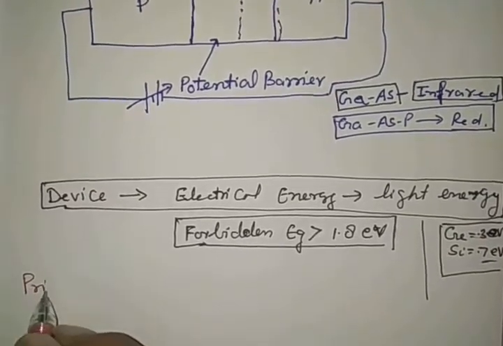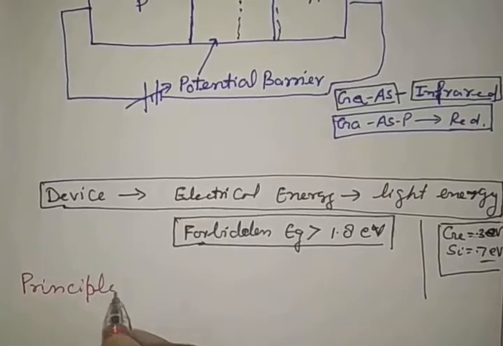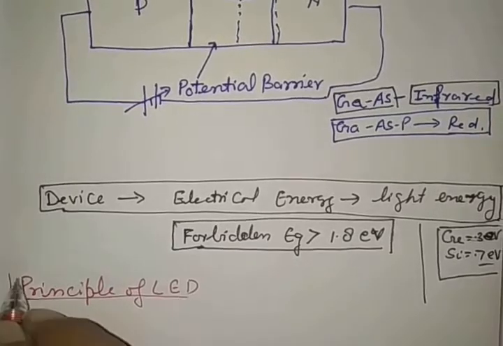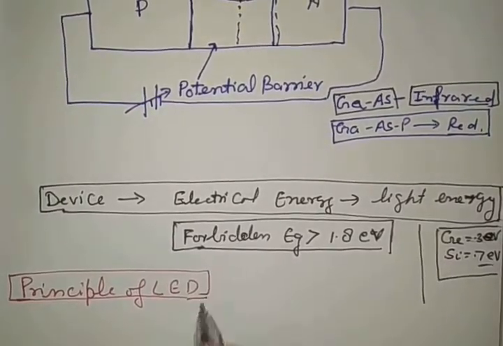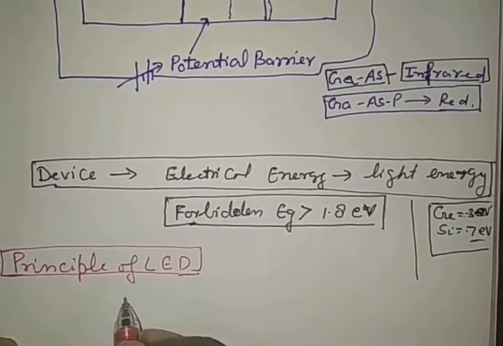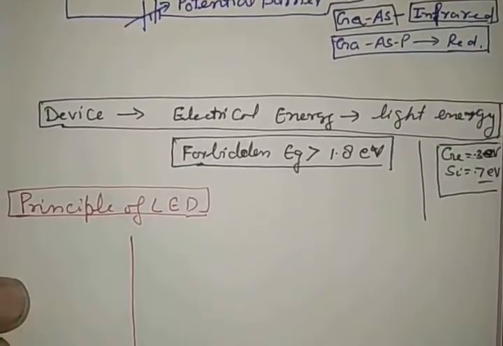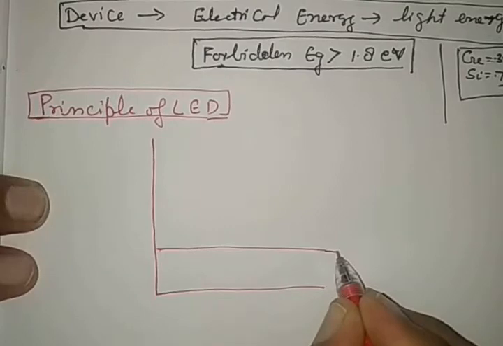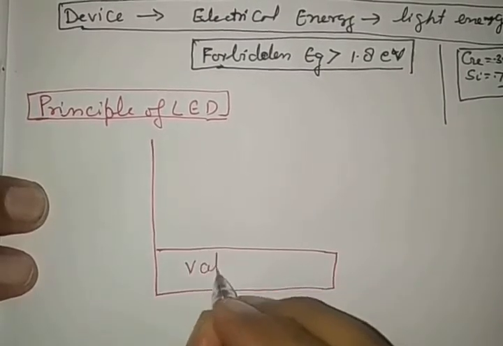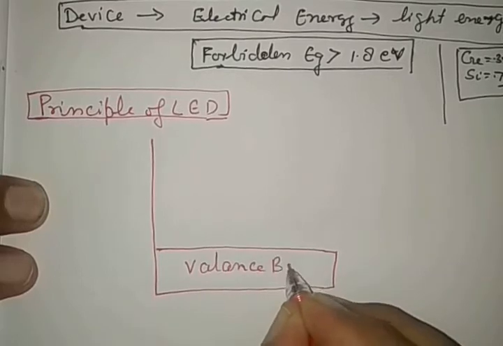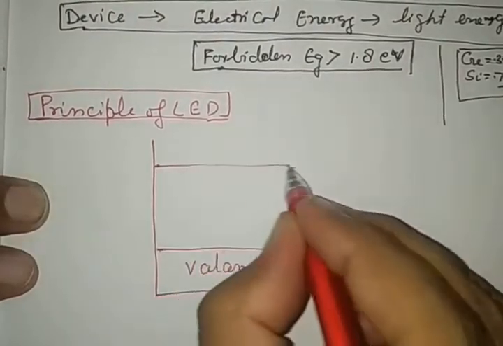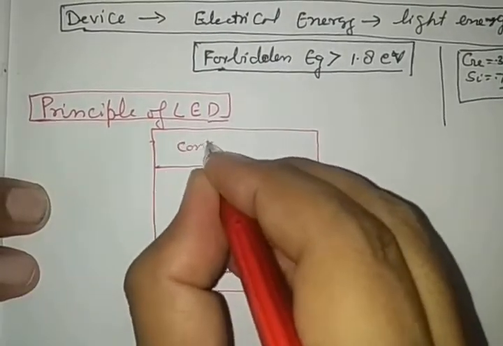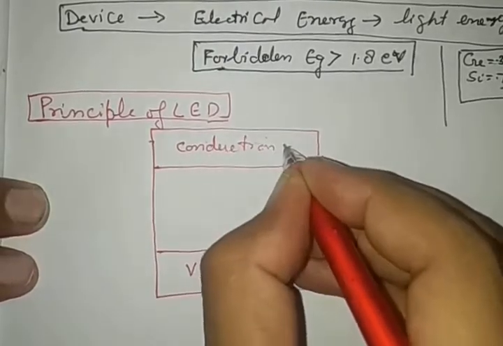First of all, the principle involved in this. Principle of LED. Actually in the semiconducting material, according to band theory, there are two bands. The lower band is called valence band and the upper band is called conduction band.